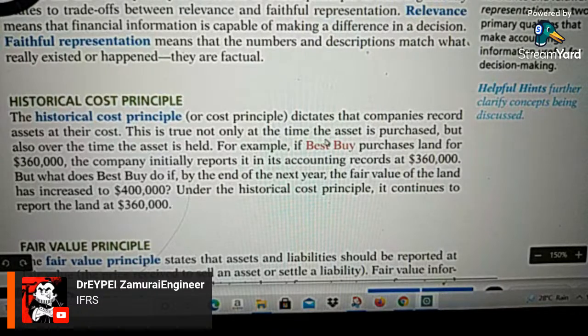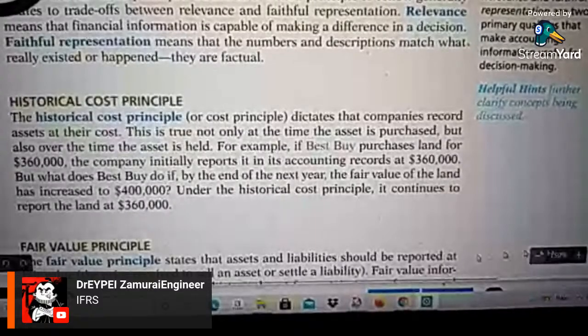For example, if Best Buy purchases land for $360,000, the company initially reports it in its accounting records at $360,000. Okay? But what does Best Buy do if by the end of the next year, the fair value of the land has increased to $400,000? Under the historical cost principle, it continues to report the land at $360,000. Okay? So that is what we meant by historical cost principle. Take note, huh? Take note.